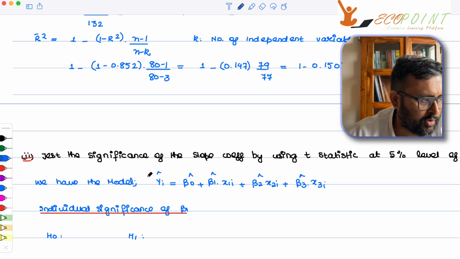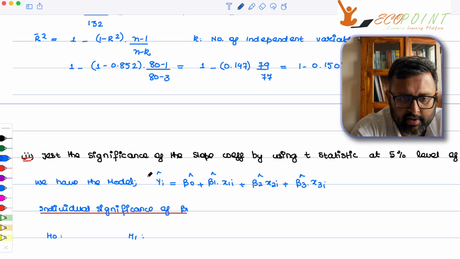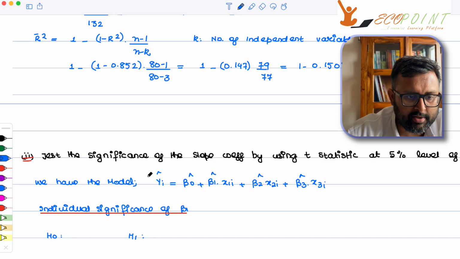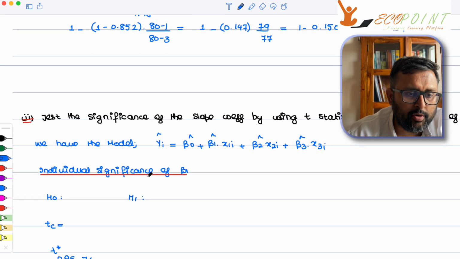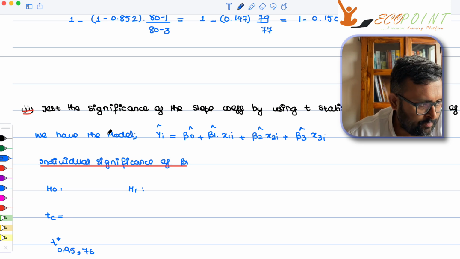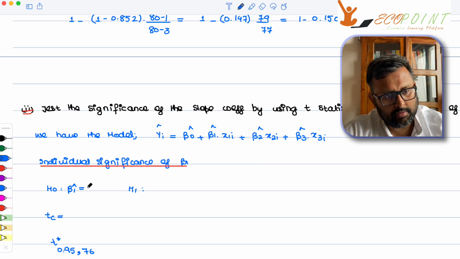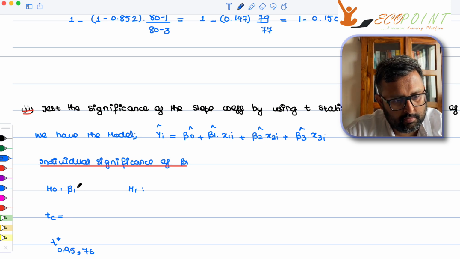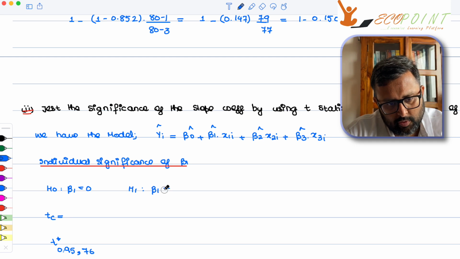In the next part, they ask what is the significance of the slope coefficient by using t statistic at 5% level of significance. So you have the model: Yi hat is beta naught hat plus beta 1 hat X1i plus beta 2 hat X2i plus beta 3 hat X3i. You need to calculate the individual significance of beta 1. So we will say that the null is that the true value is 0, and the alternative is that it is not equal to 0.